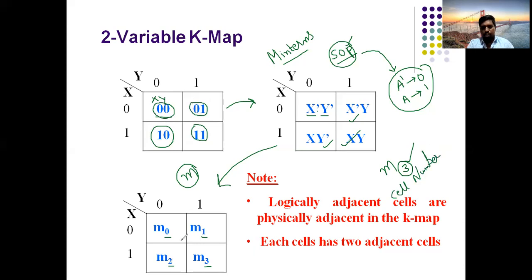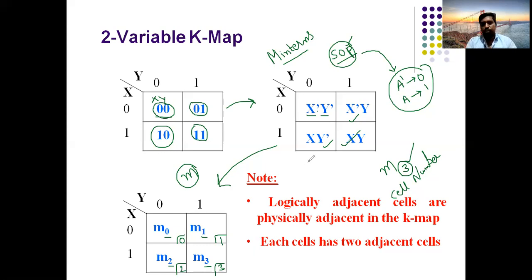So what is the cell number of this cell? 0. Always your cell number should be written in the bottom right corner of each cell. So 0, 1, 2, 3. Index numbers and cell numbers are both the same.